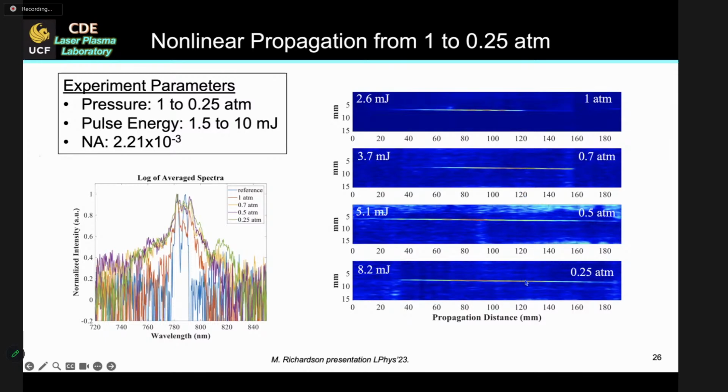You can see that we have now been in a regime where we can stay within the nonlinear regime. You also see the spectral characteristics of this emission, so we also see continuing emission from these single filaments.